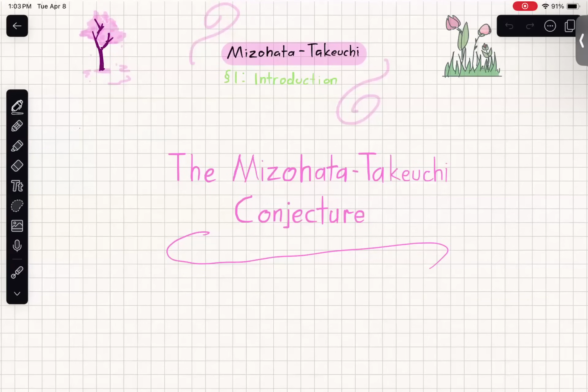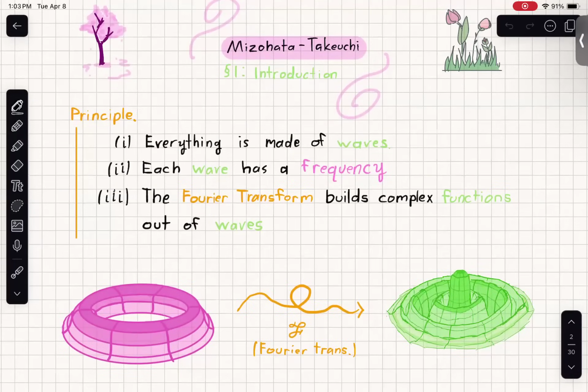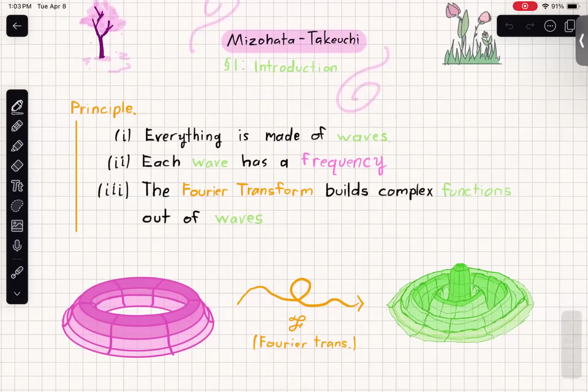Okay, so first things first, what do we think of when we think of Fourier transforms? There are these guiding principles. In Fourier analysis, we decompose a function into a bunch of waves, and each wave has a different frequency. Then we look at the structure of the frequencies that it's made of, and this is supposed to tell us something about the function.